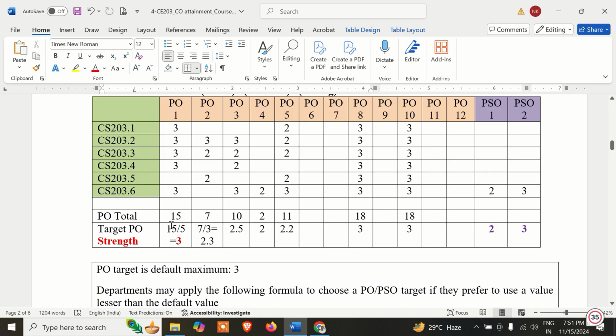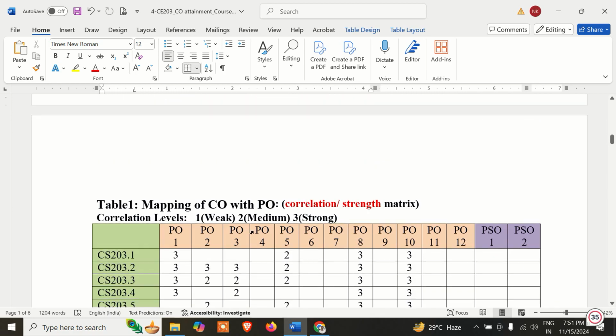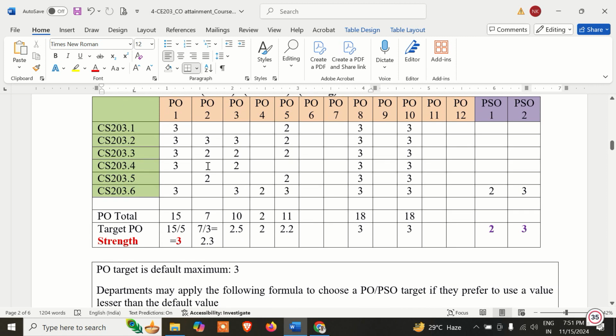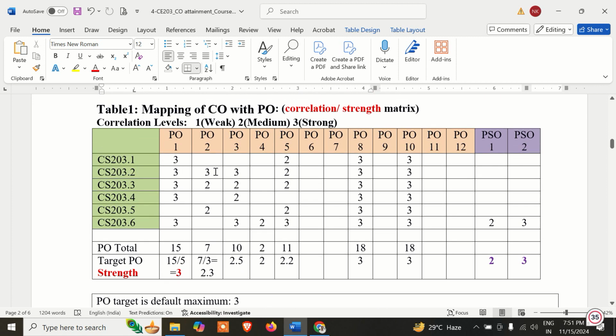While calculating the strength of the program outcomes, whether the strength is 100% matching the course outcome to the program outcome, or medium matching, or weakly matching, accordingly you can give a scale from 3 to 1. How many COs are contributing to that PO?